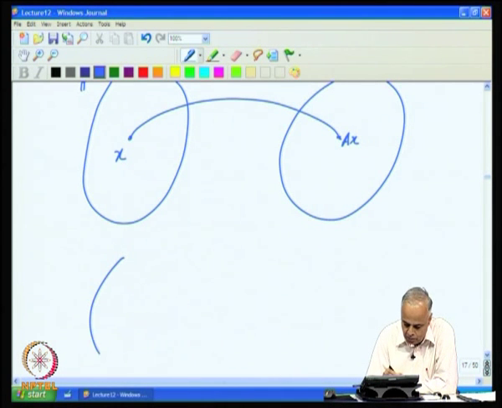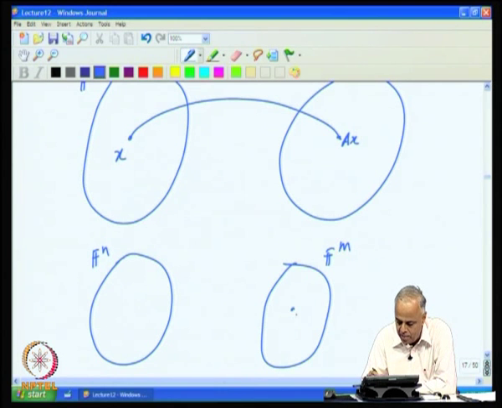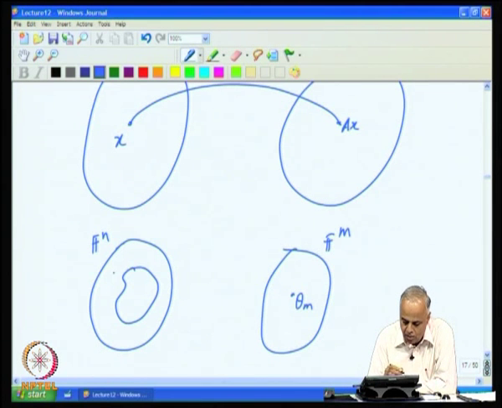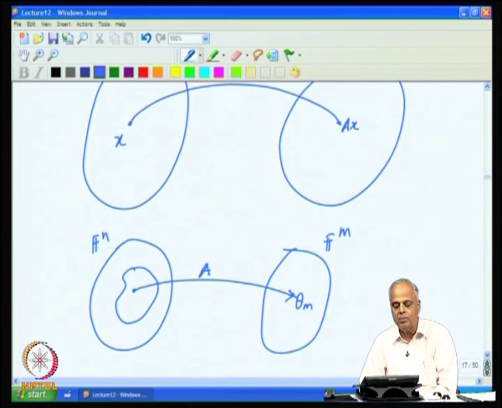We look at Fn, we look at Fm. In the Fm there is the 0 vector, and we collect all those vectors which go and fall there, A times that becomes 0.